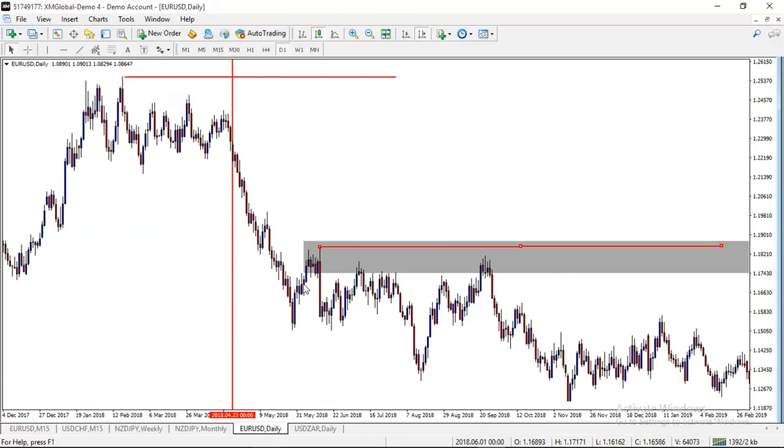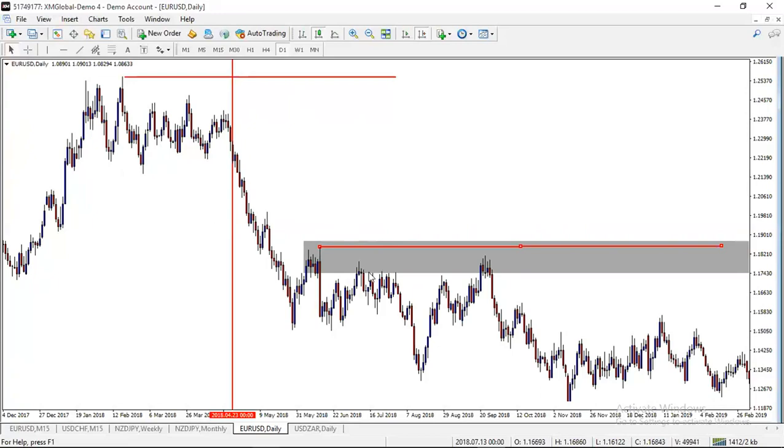So when it pulls back and goes up, buyers are going in the market. Where are they going to close their trades? Where they previously closed their trades, which is here, around this price range.